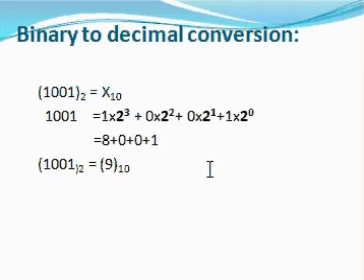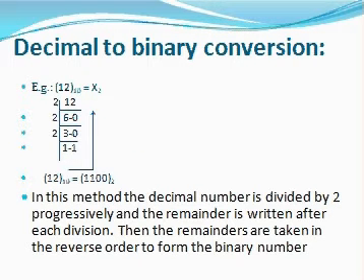After that, the values are added to get the final number. So the binary number 1001 is equivalent to the decimal number 9. So this is how to convert a binary number into decimal.